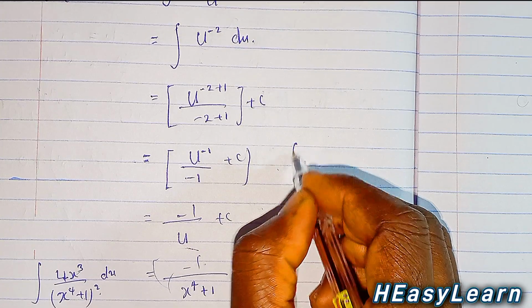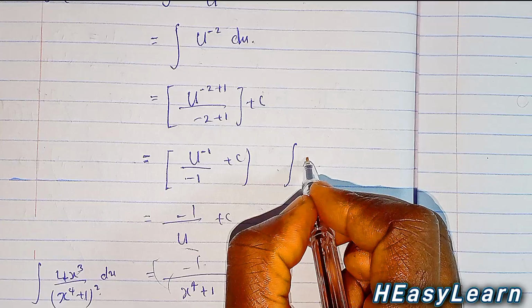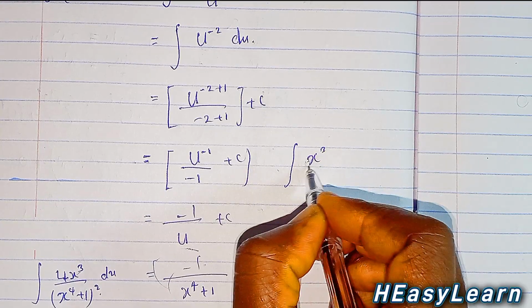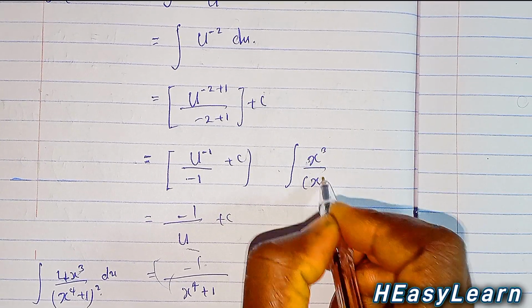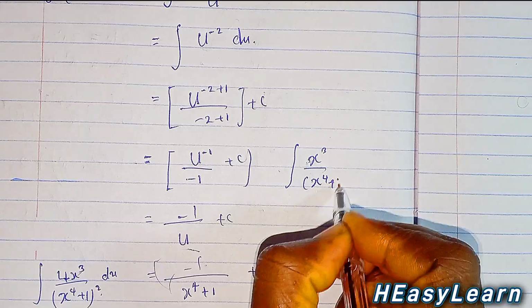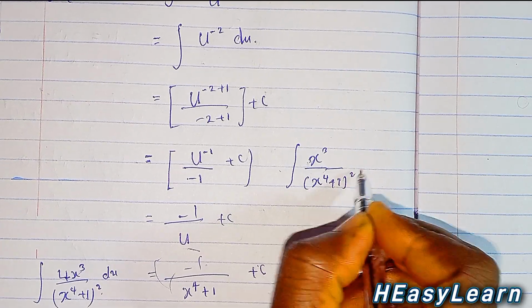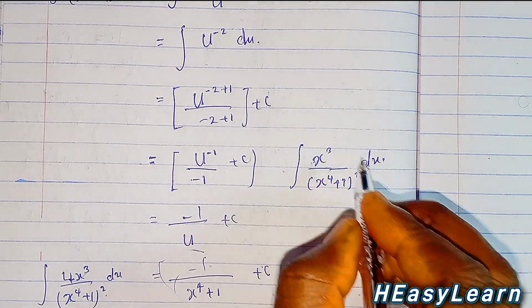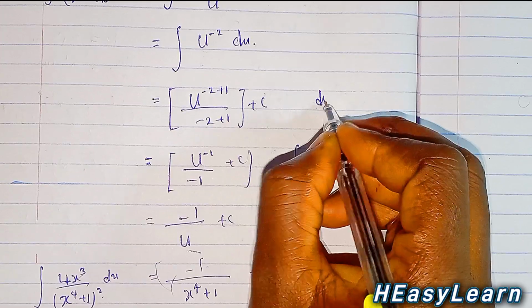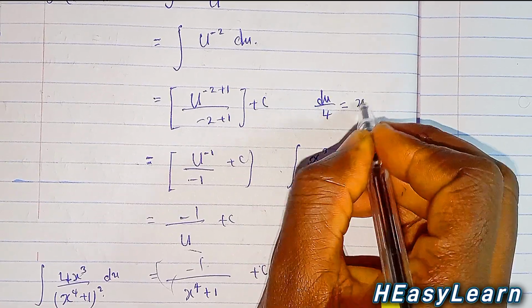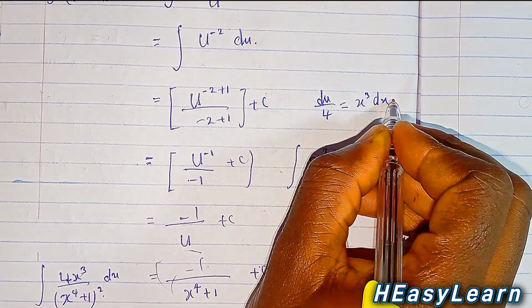But in a case where the question is x to the power of 3 divided by (x to the power of 4 plus 1) all squared dx, you are going to use the second one, du divided by 4 equals x cubed dx from above.